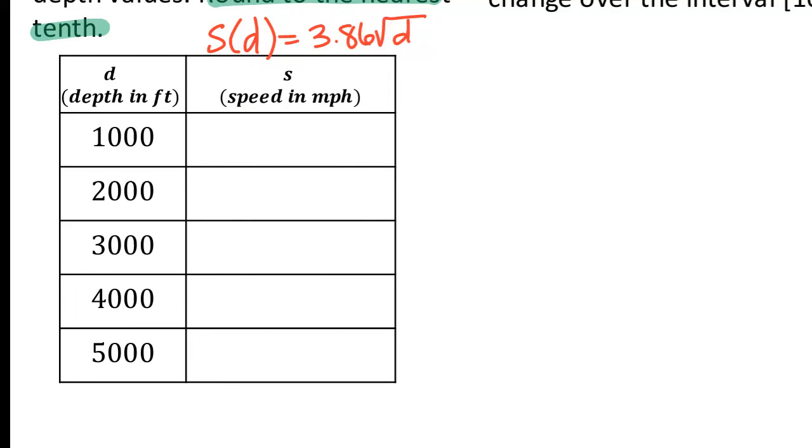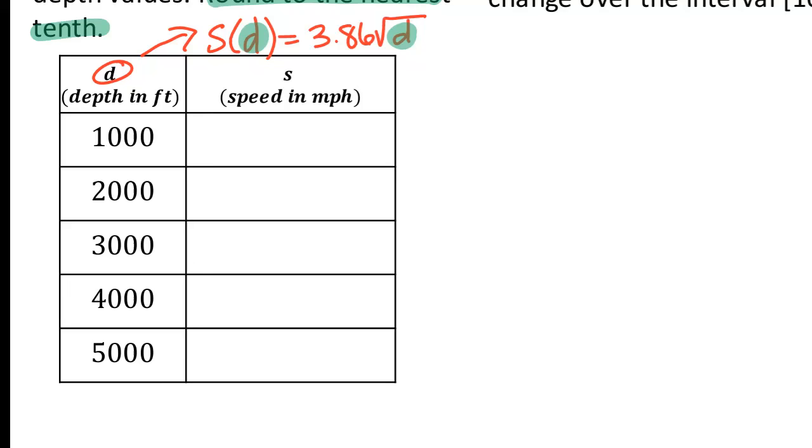So to find our s values, we're going to take all of these d values and plug them into our function right here, okay? Everywhere you see a d, you're going to plug in the d values, which are 1,000, 2,000, 3,000, 4,000, and 5,000.